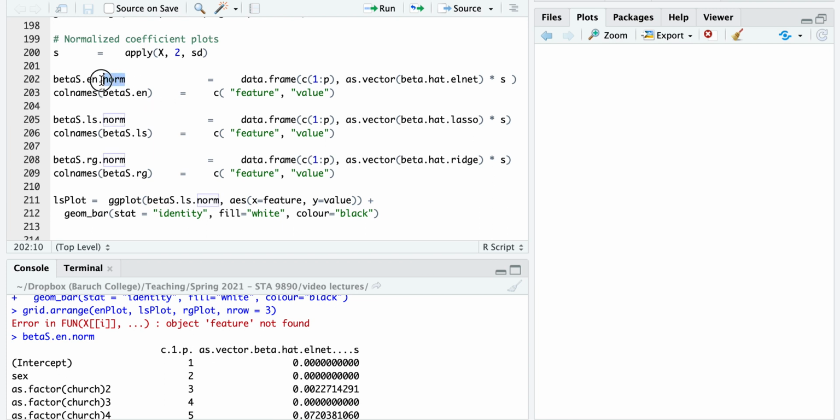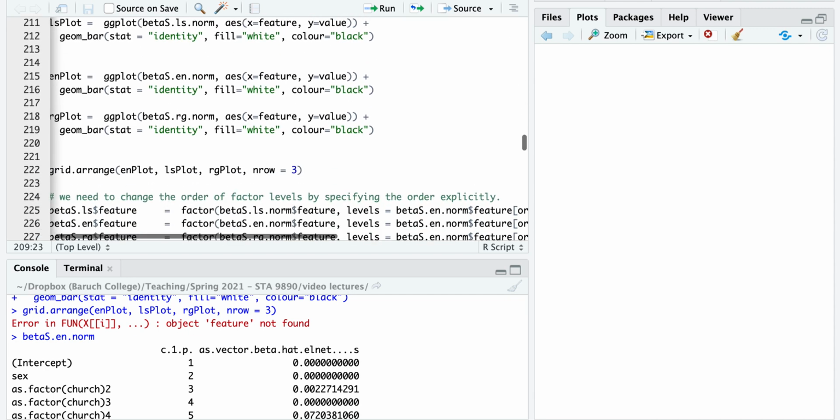Okay. Oh, okay, I have to add the norms here too. I forgot.